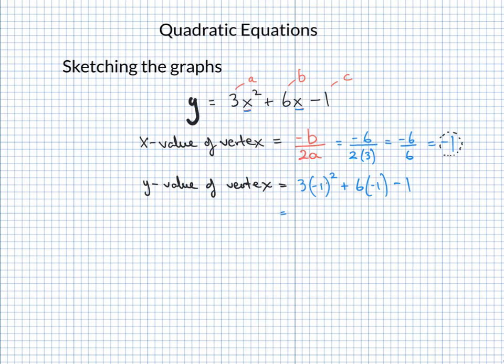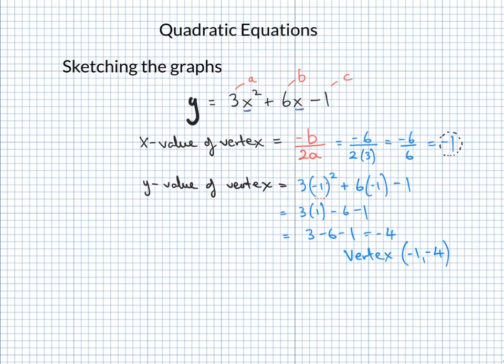Negative 1 squared, which we do first, is 1, so that gives me 3 times 1. Now 6 times negative 1 is negative 6, and then minus 1. So 3 times 1 is 3, minus 6, minus 1 is negative 4. So the vertex is the point negative 1, negative 4.